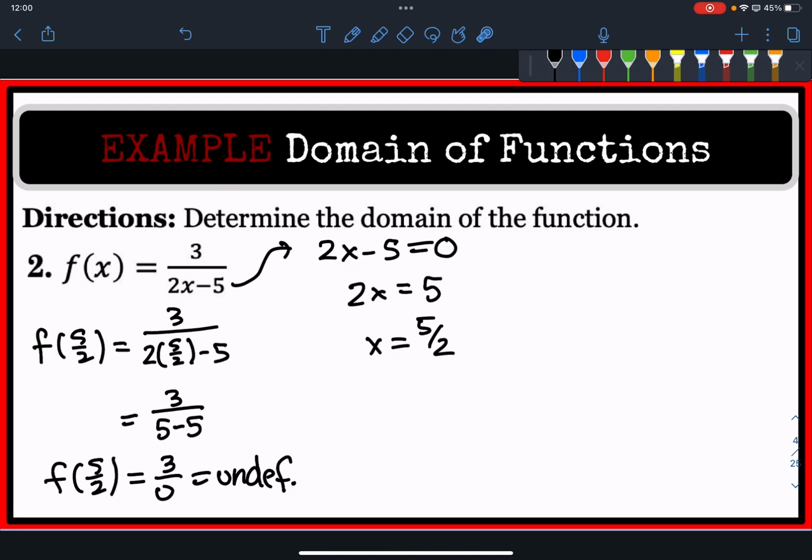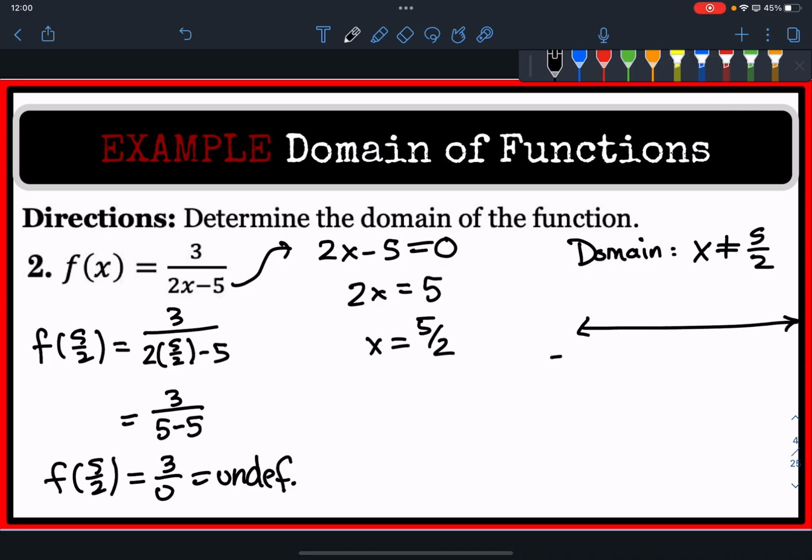So 5 over 2 is not allowed and cannot be used as a substitution for x because we get something that is undefined. So the domain for this function excludes 5 over 2. So x cannot equal 5 over 2, which on a number line looks like this. I'm just going to put 5 over 2 in the middle.